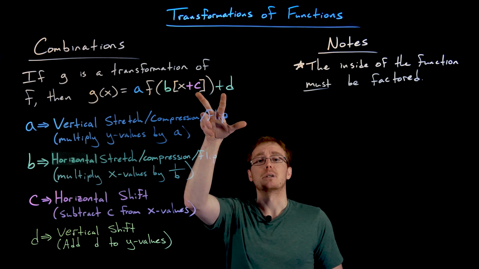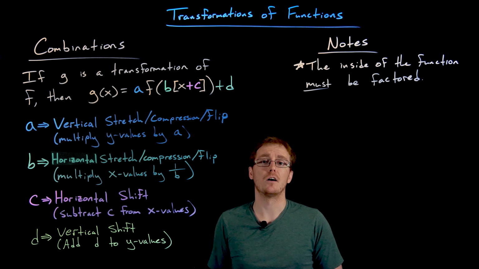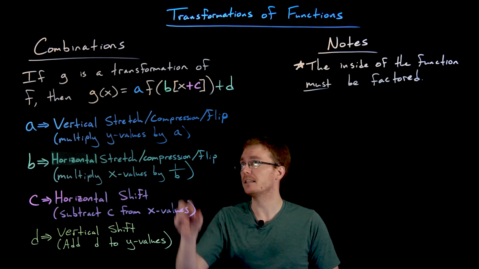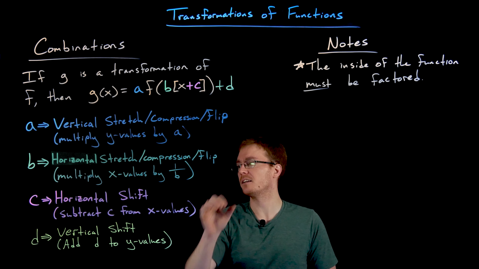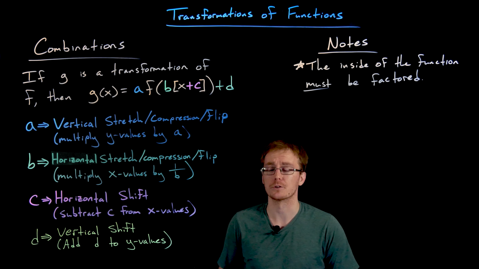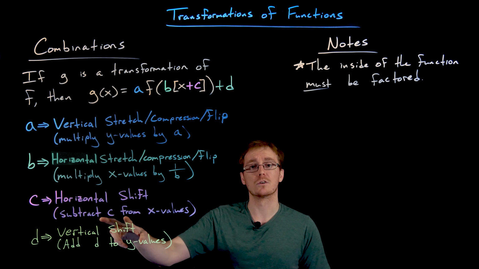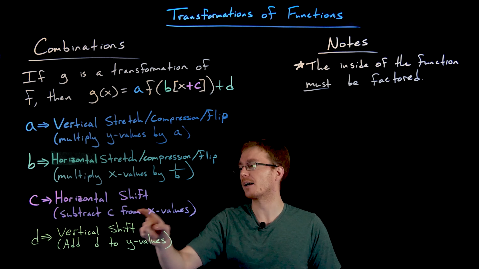So our last two transformations correspond to addition or subtraction, depending on the value of c and d. c is our addition or subtraction happening inside of our function. That's going to affect x values and therefore be a horizontal shift. Remember, it's a horizontal transformation, so it's kind of counterintuitive. We don't add c to our x values.